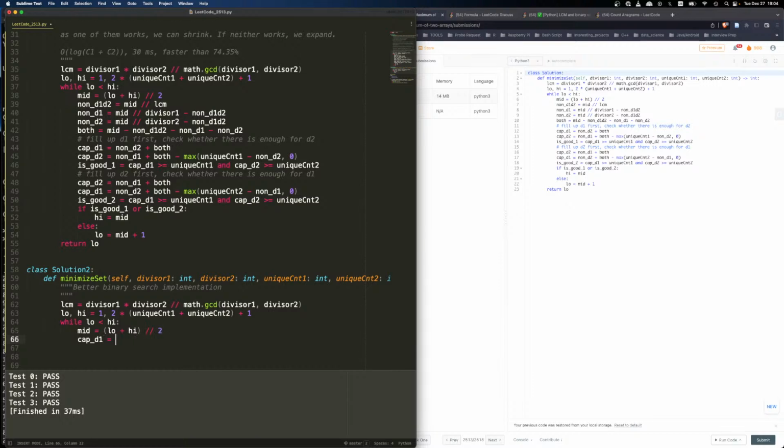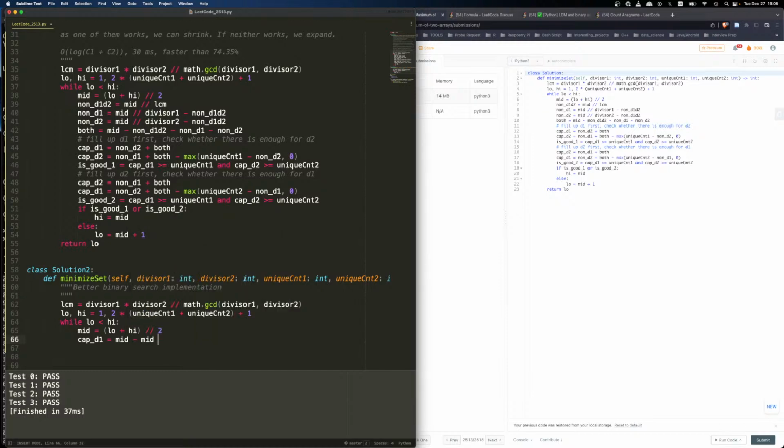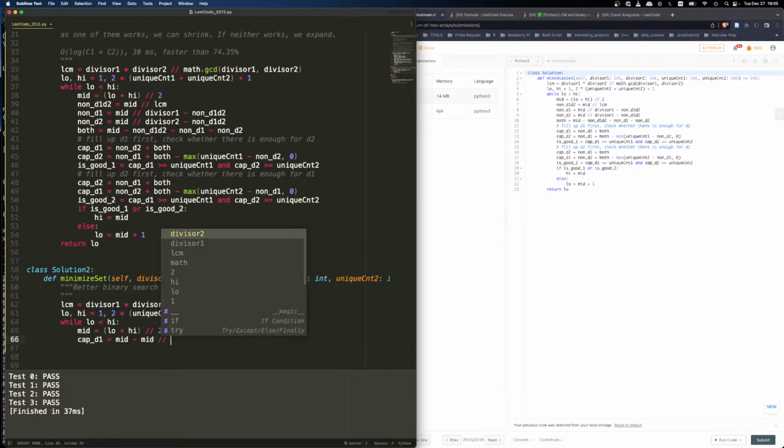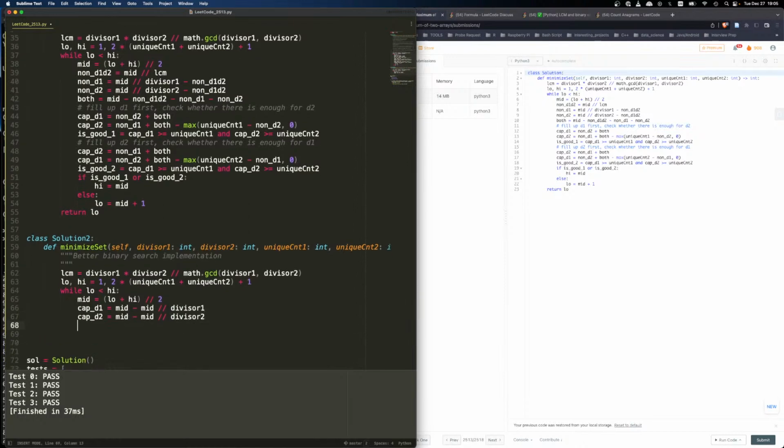Okay, the capacity for D1 has to be mid minus mid divided by divisor 1. The capacity for D2 is mid minus mid divided by divisor 2. Right? That's the total capacity.